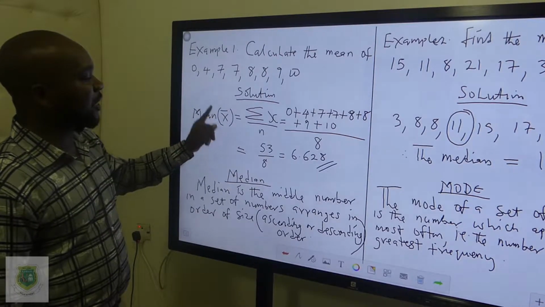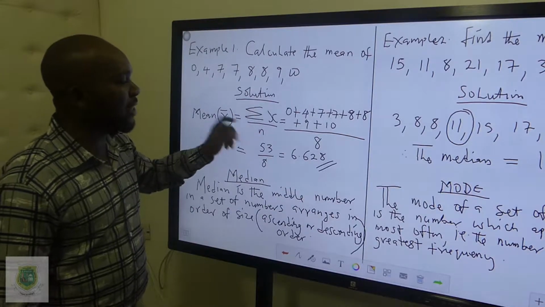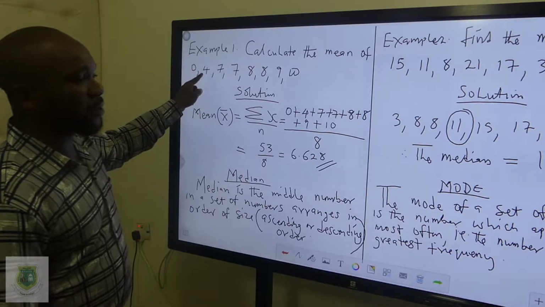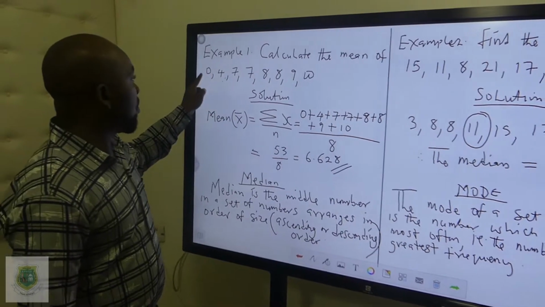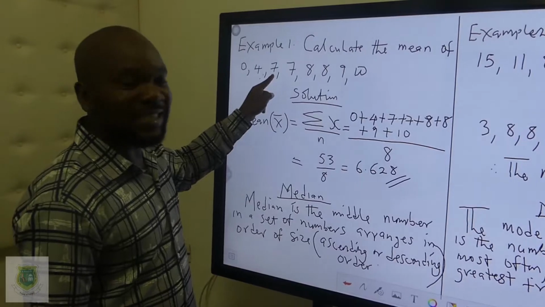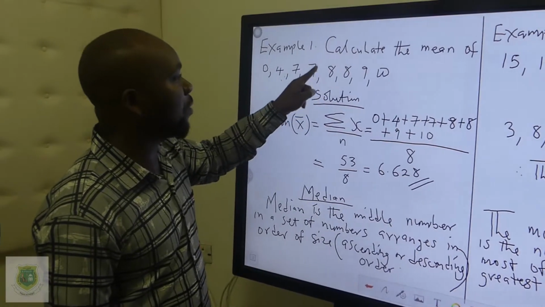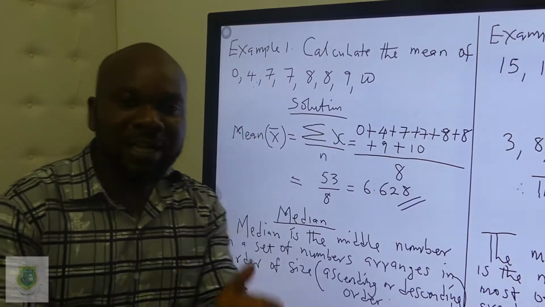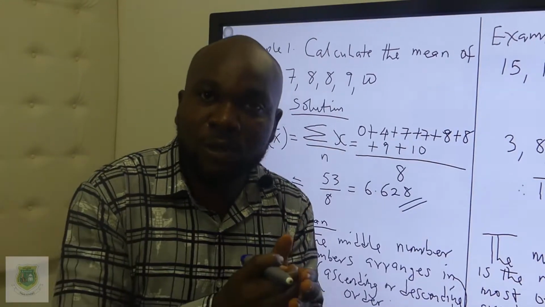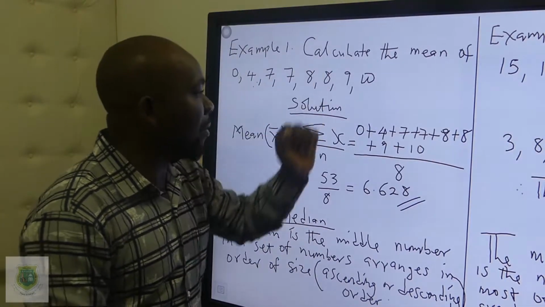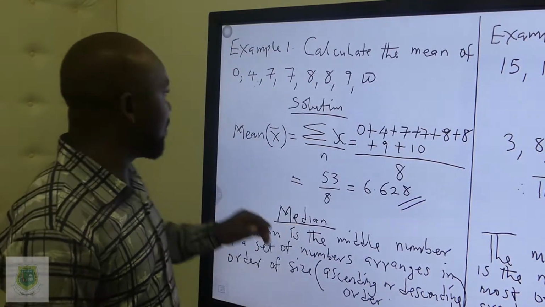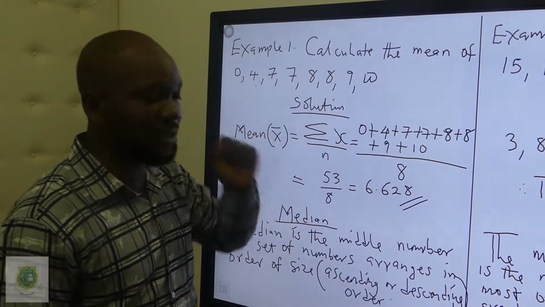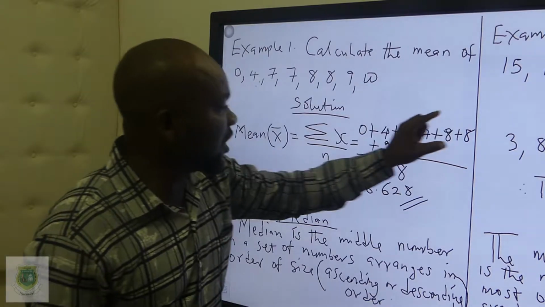Solution: mean x bar is equal to summation of x over n. Summation of x is 0 plus 4 plus 7 plus 7 plus 8 plus 8 plus 9 plus 10. Remember, summation means addition. Add all these numbers and divide by how many there are. You count 1, 2, 3, 4, 5, 6, 7, 8. So all these numbers divided by 8.